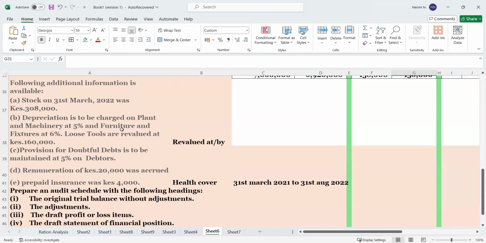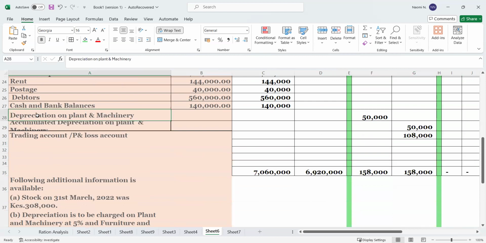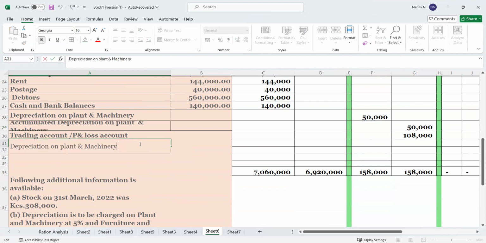Then furniture and fittings, we continue with B, furniture and fittings at 6%. So we come here and say depreciation, copy, Control V. I will just say FF: depreciation on FF, furniture and fittings.